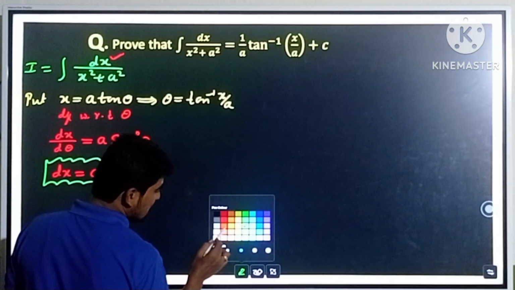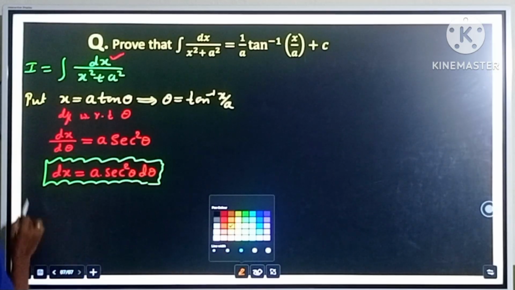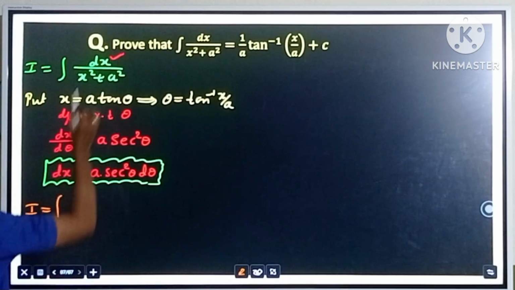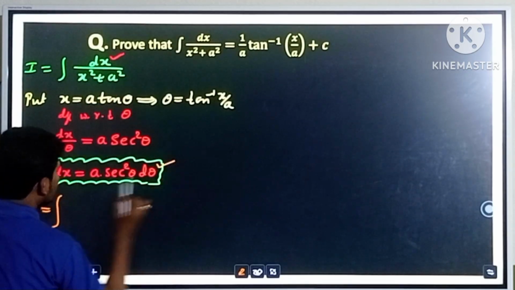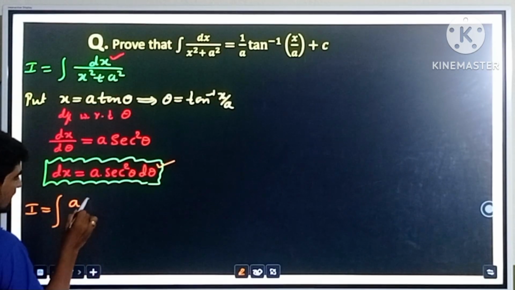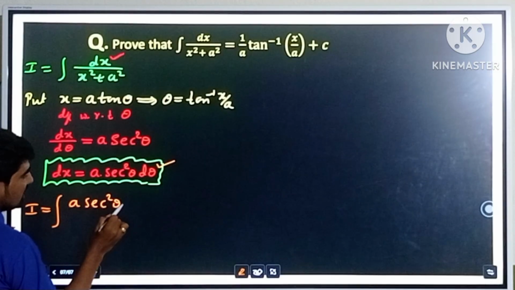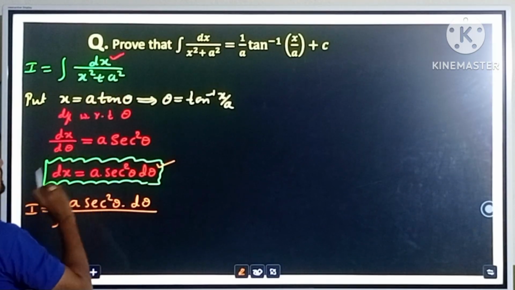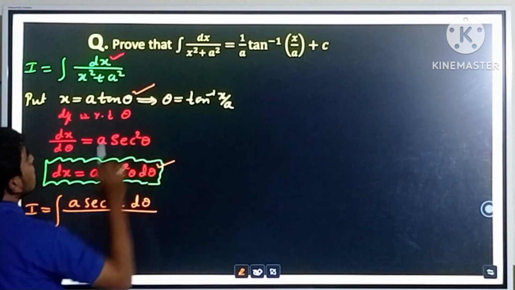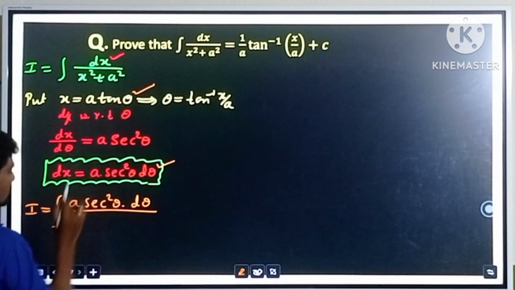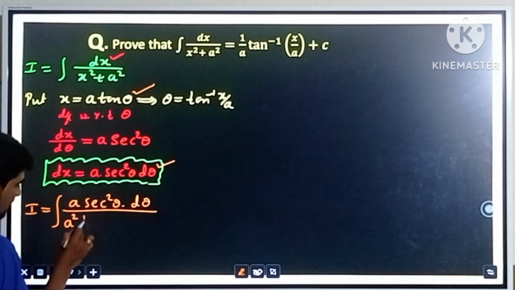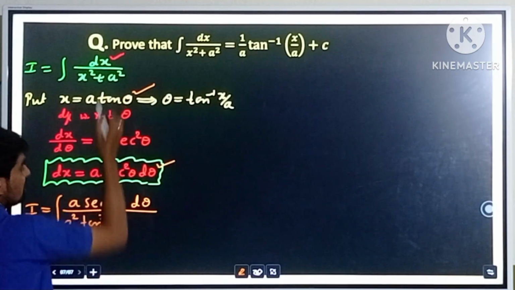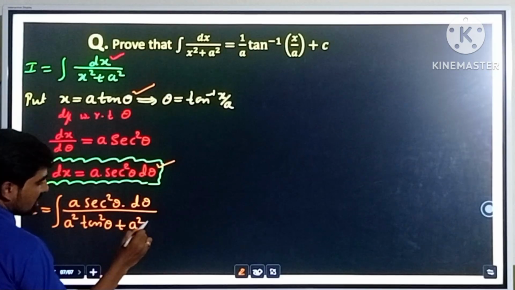Now by using this substitution, I is equal to the integration of, see here, what is dx? Dx equals a secant square theta d theta, divided by x square. We considered x equals a tan theta, therefore x square is equal to a square tan square theta, plus a square.